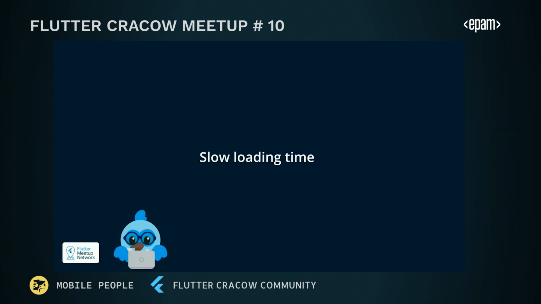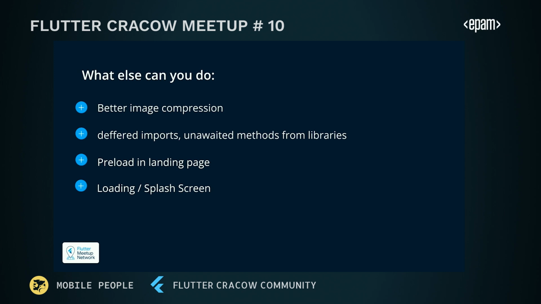But there are some ways that you can do to actually make it better. One of the ways is to have better image compression. The second one is to have deferred imports, conditional imports, to not import something that you will use later. At the beginning, some annotated methods from the libraries, maybe not everything that you are including in these first steps when you are building the app are necessary.